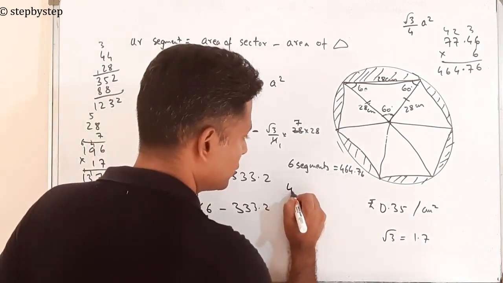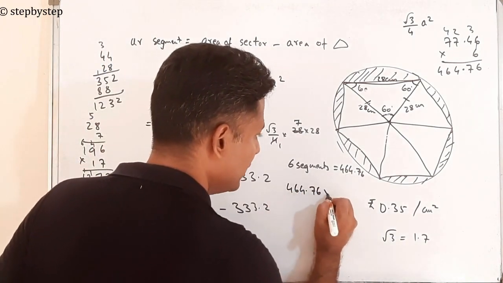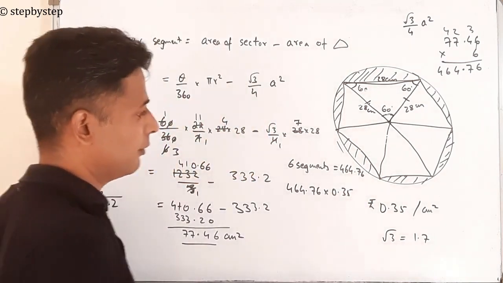How much will it be for this? So it will be 464.76 into 0.35.